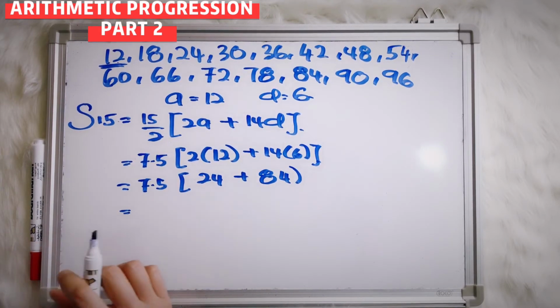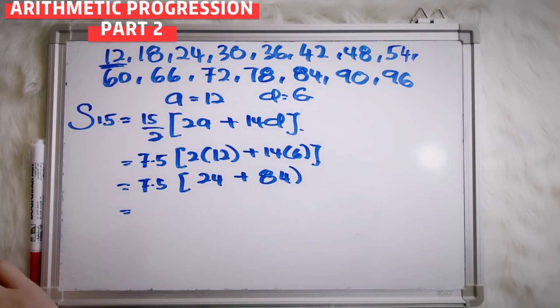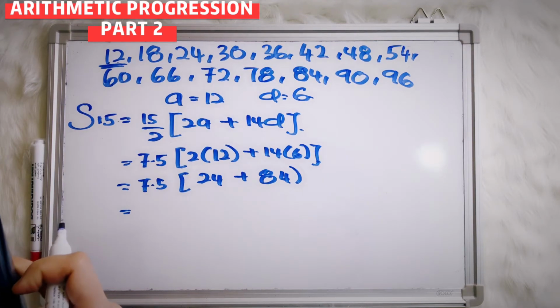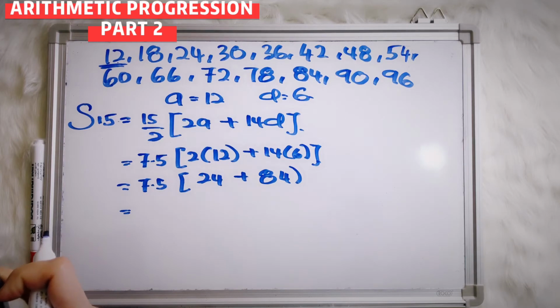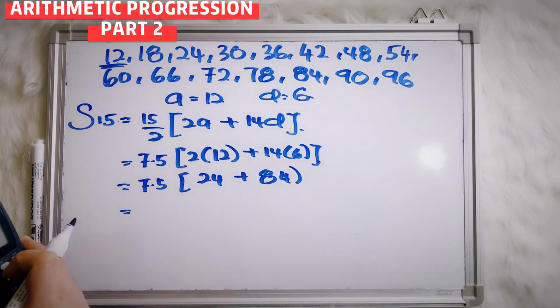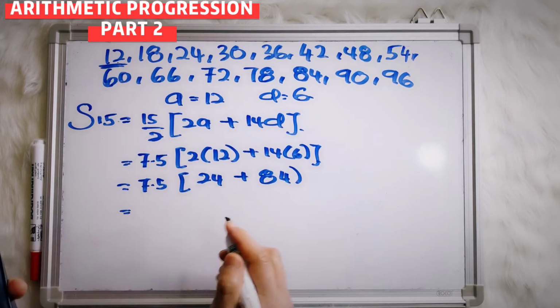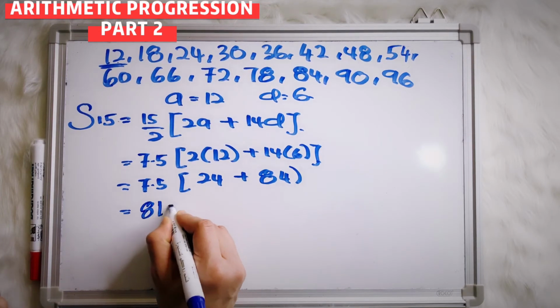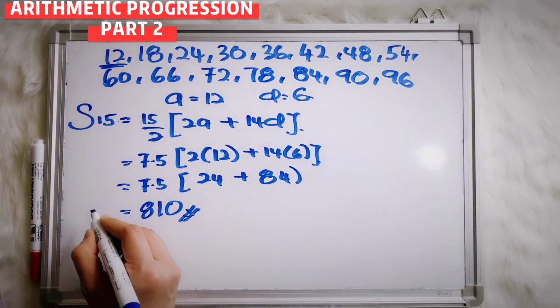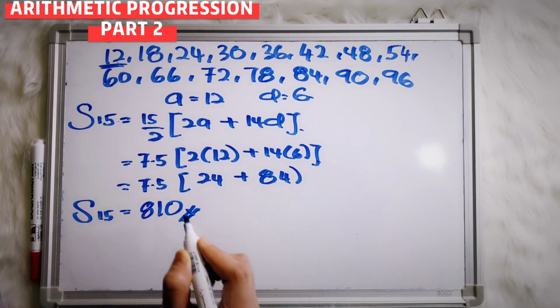So 24 plus 84, and then we multiply with 7.5. So we have 810. So this is our S15.